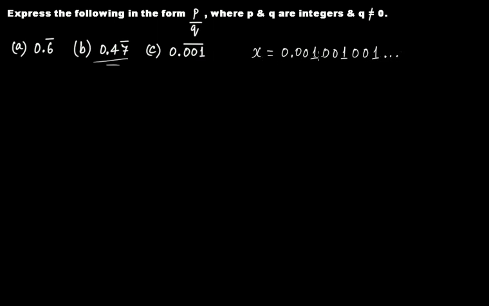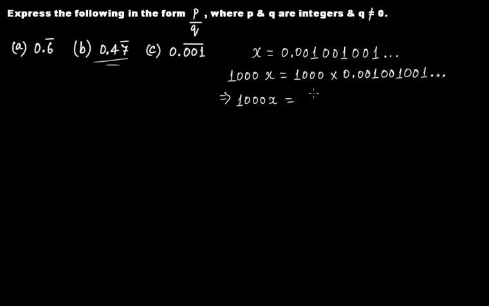If we multiply both sides by 1000, right? Because if you multiply both sides by 1000, this is 1000x is equal to 1000 multiplied by 0.001001001 and so on.